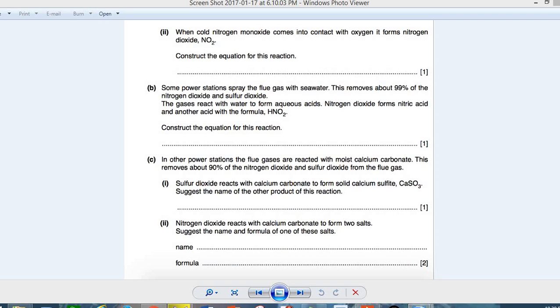So one product is given. You're reacting calcium carbonate, which is moist calcium carbonate, by the way. Moist means H2O is there. You're reacting this with sulfur dioxide, which is an acidic gas here.